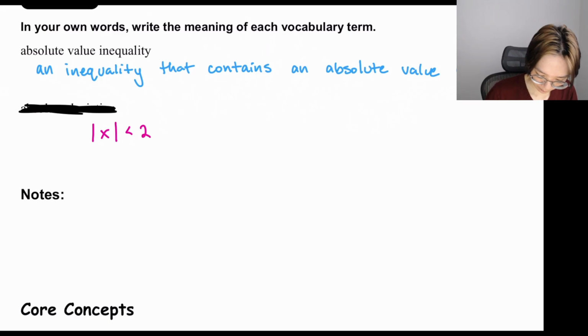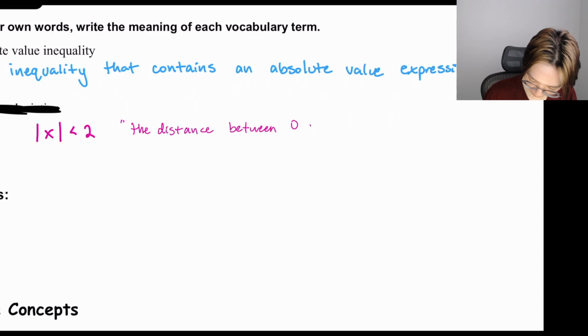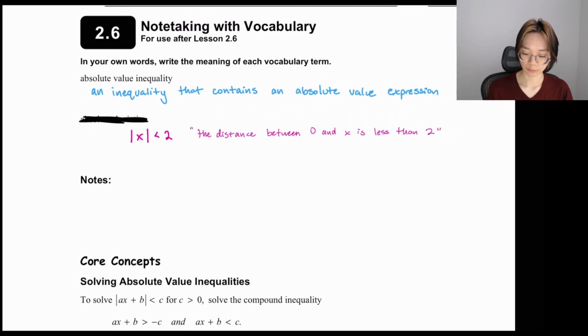What does that mean? That means the distance between 0 and x is less than 2. Right? Absolute value is a distance between whatever it is and 0. And here, the distance between x and 0 is less than 2.